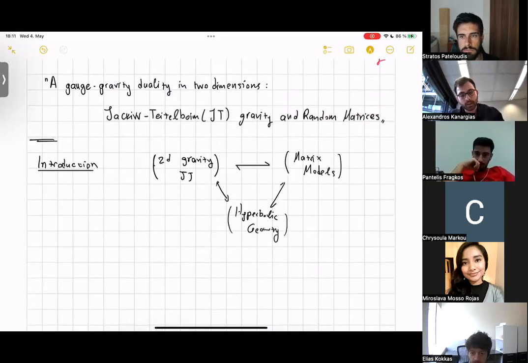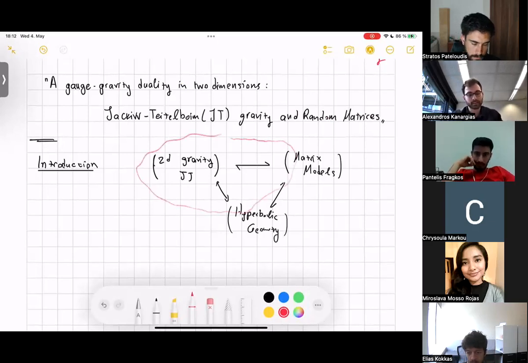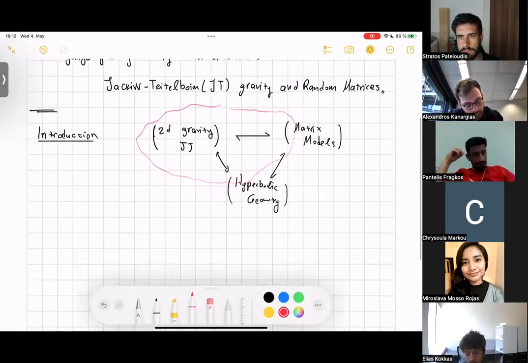In this talk, I will mostly concentrate on this part, so mostly the JT gravity and a little bit of the others. Maybe a little bit more matrix models, so I will try to explain also what that is if you haven't heard about them.